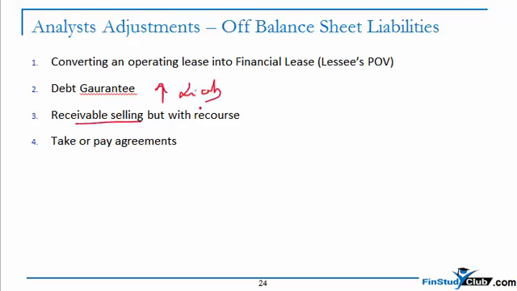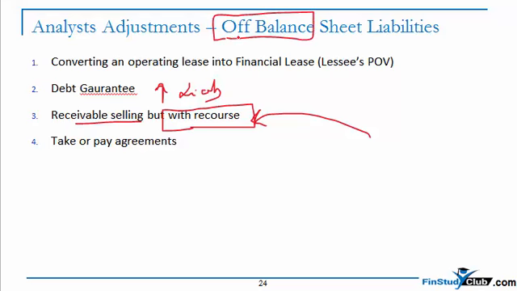If you have sold your receivables, but there is always a recourse clause, that means any time the liability can come in, so you've got to reinstate that liability. Currently it is off balance sheet, it is not on the balance sheet, but you've got to bring it on. How do you bring it on? Very simple. You increase the liability and increase the asset by a similar amount. Very simple and straightforward.